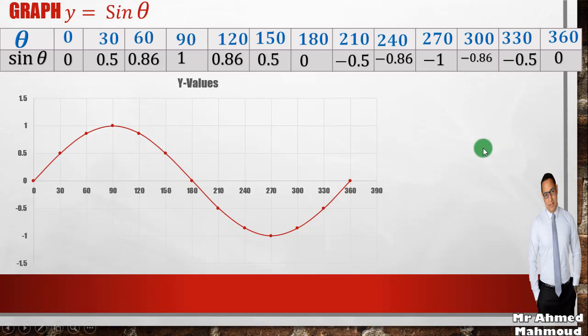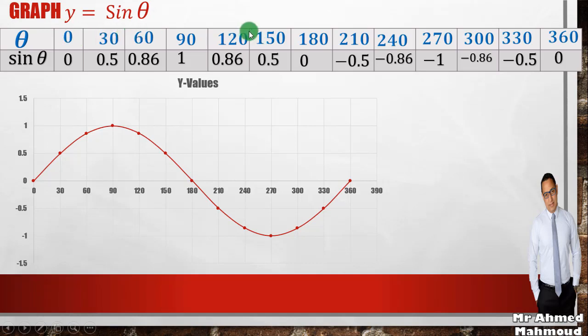Now I need to identify three things: the domain, the range, and the period of this function. What is the domain? The domain is the x-axis. Here I start with 0 and end with 360.